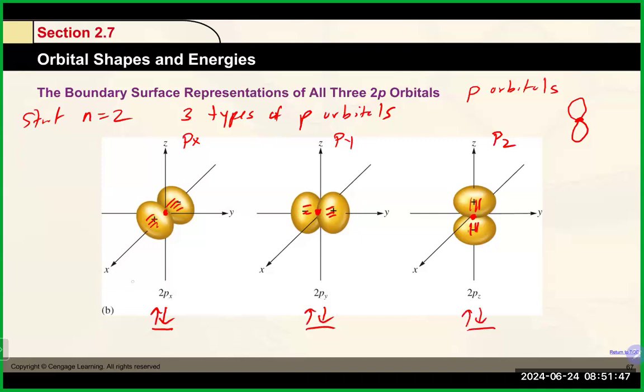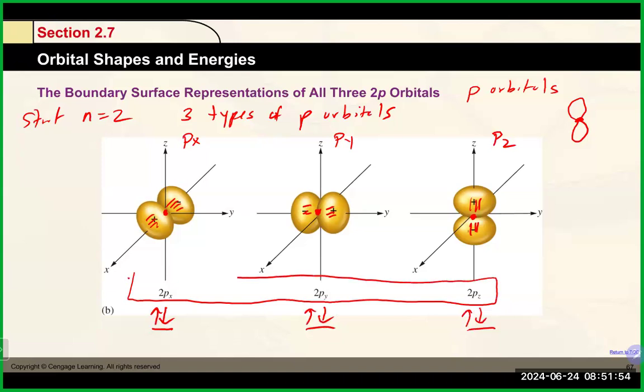And when we have a grouping of multiple orbitals on the same energy level, so in this case, there are 3 different types of p orbitals on this particular energy level and on every energy level, these are what are sometimes referred to as a subshell or a sublevel, depending on your book.